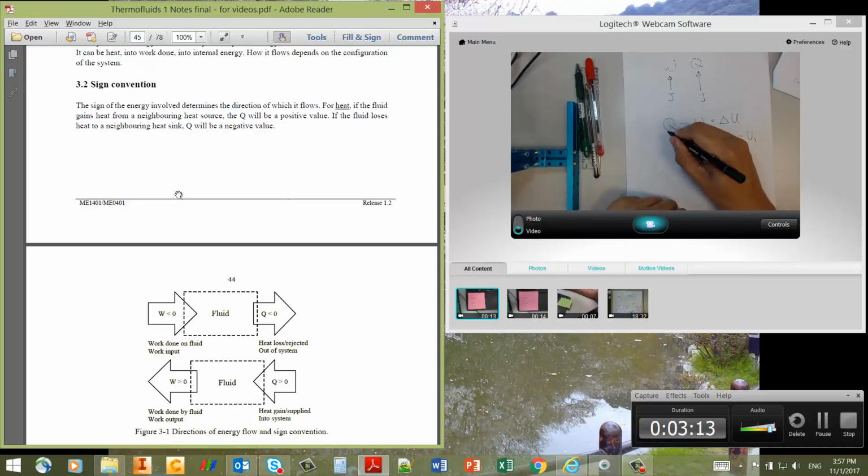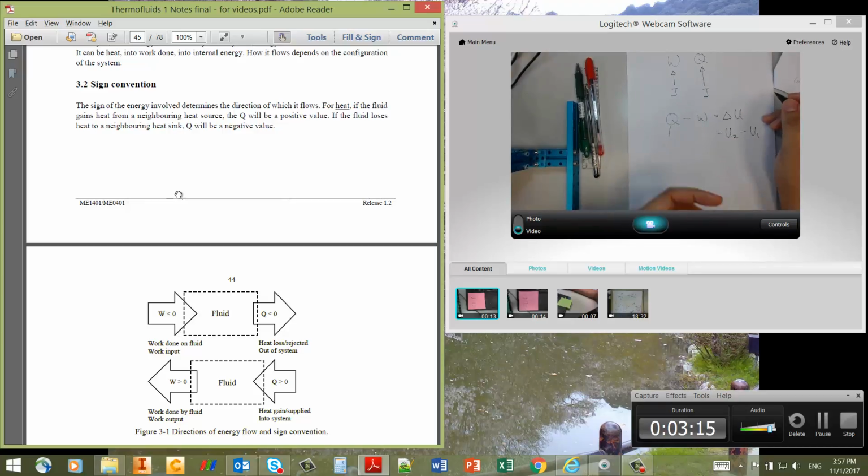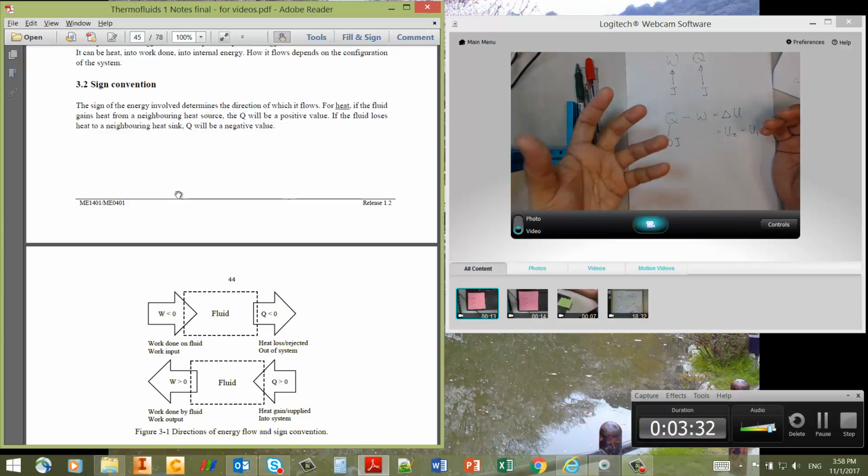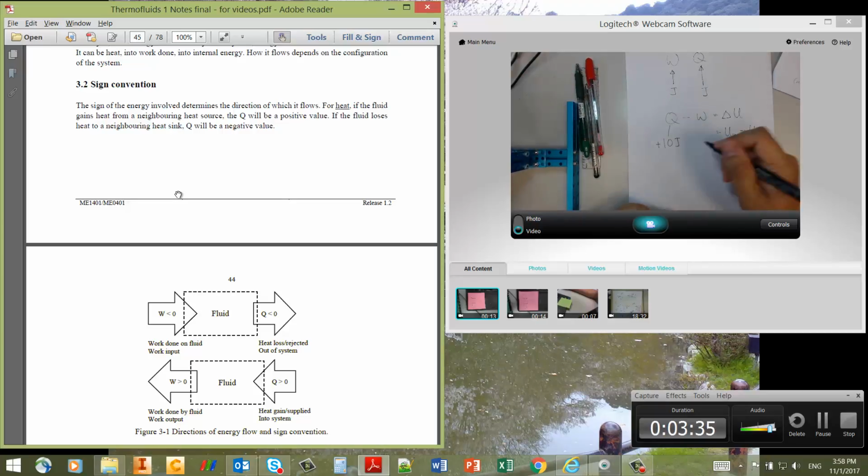For example, if the boiler provides 10 joules of heat to the water, this is a heat gain by the fluid, by the system, so it will be a positive Q. However, if your water is just left on the table and it loses heat to the surroundings, let's say it loses 10 joules of heat, then this Q will be a negative Q. So heat gain by the fluid is positive, and heat loss by the fluid is negative.